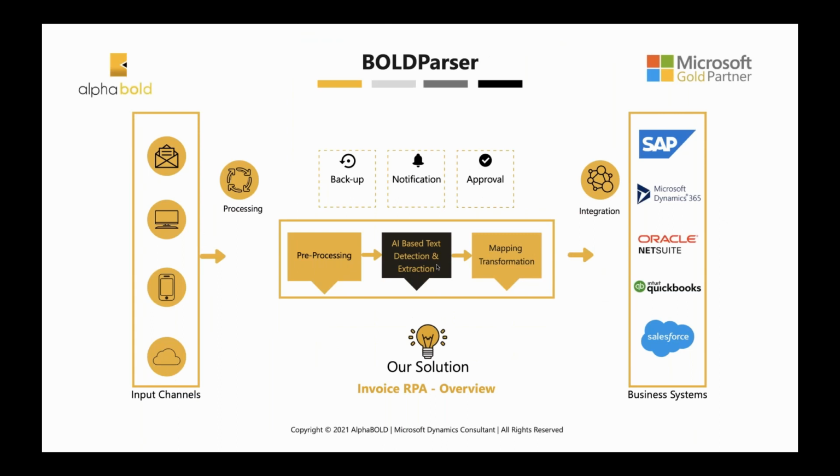Moving on, now that we have established the benefits, it's time to talk a little bit about the solution that we have built. Enter Bold Parser. As you can see, we have the ability to source the invoice data from multiple channels. Some examples could be email attachments if you're receiving invoices over email.